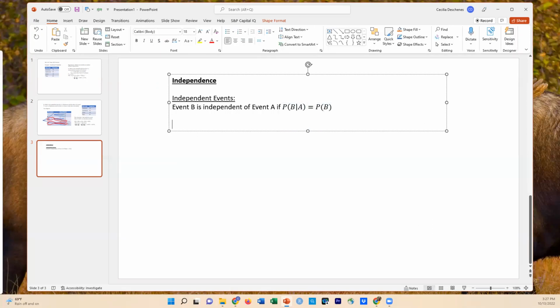The interpretation of this is that the probability of B is not in any way affected by whether or not A happens. It couldn't care less.